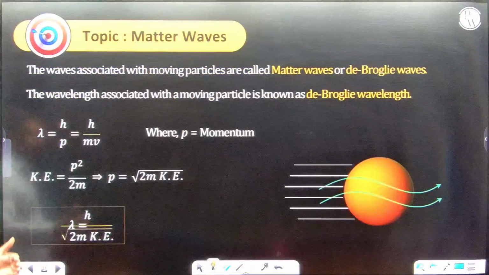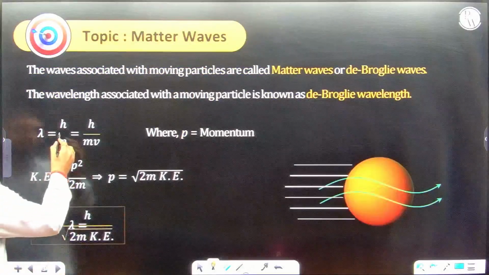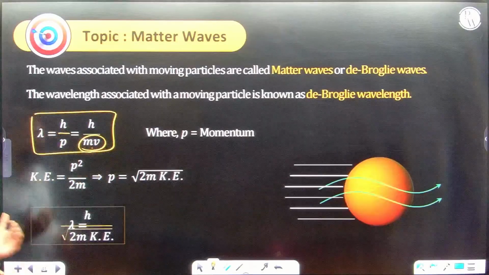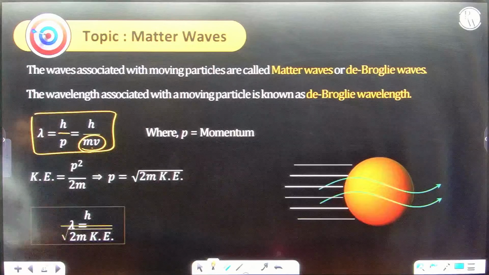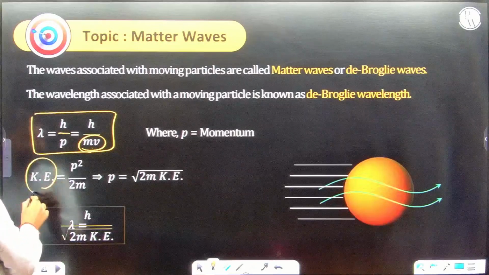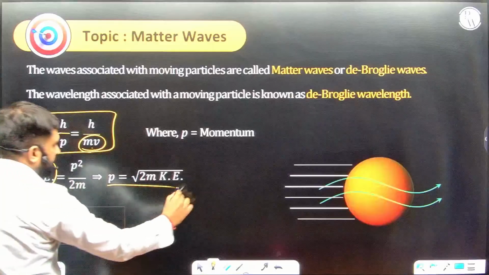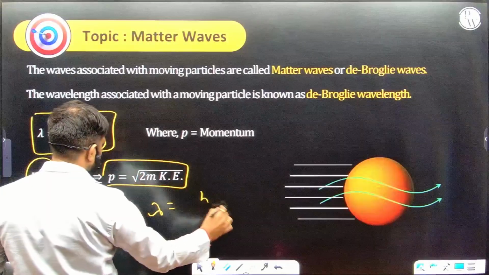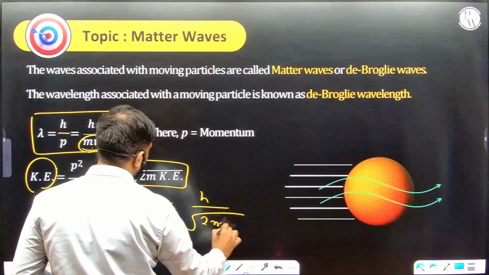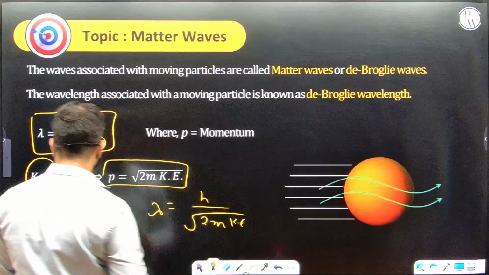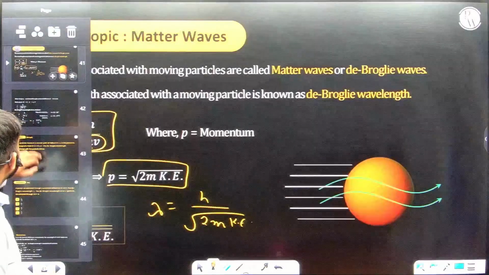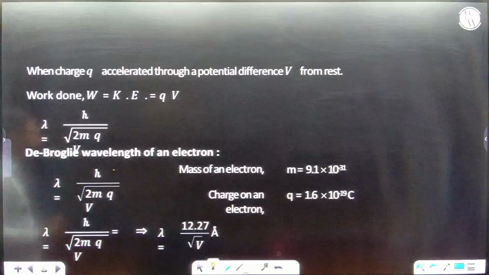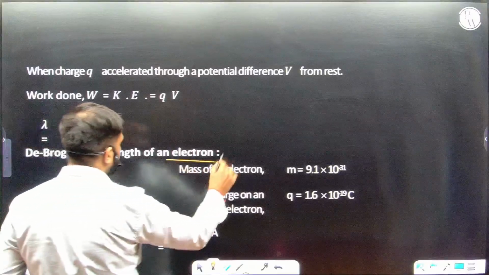Okay, matter waves, now they are just relating your de Broglie wavelength lambda with the momentum. Momentum is mv. So in case of de Broglie wavelength, if I have the kinetic energy, momentum and kinetic energy are related like this. So I get the de Broglie wavelength lambda as h upon under root 2m kinetic energy. Alright, this is how we can get the de Broglie wavelength for different particles, let alone the electron here, the most important.